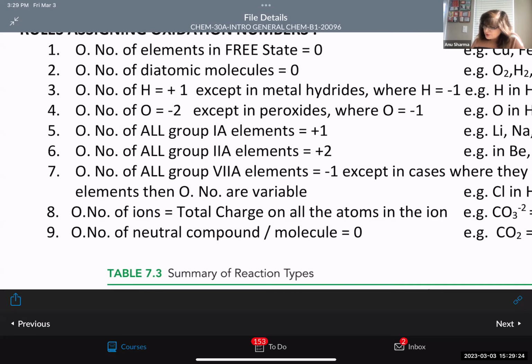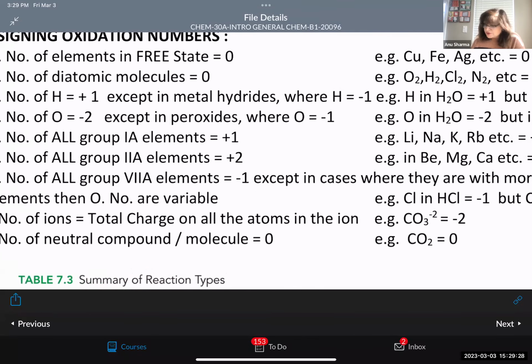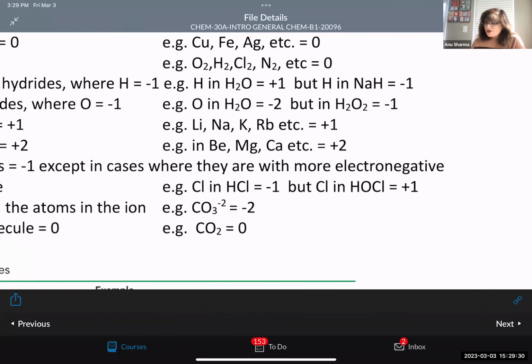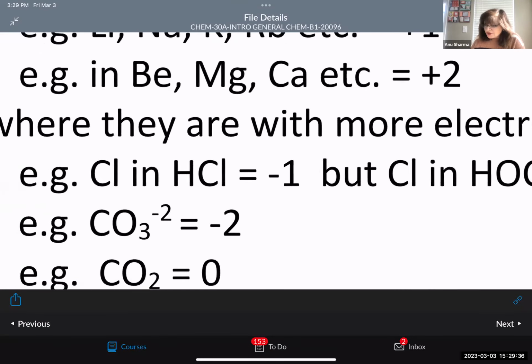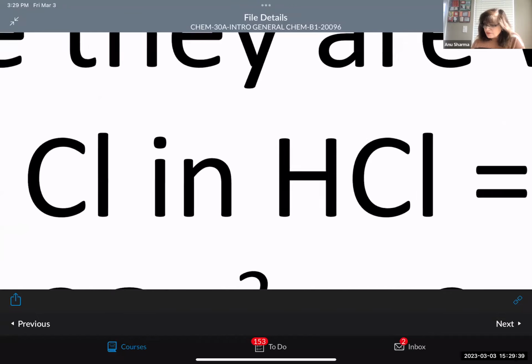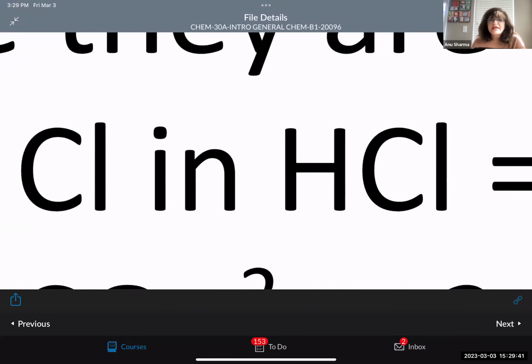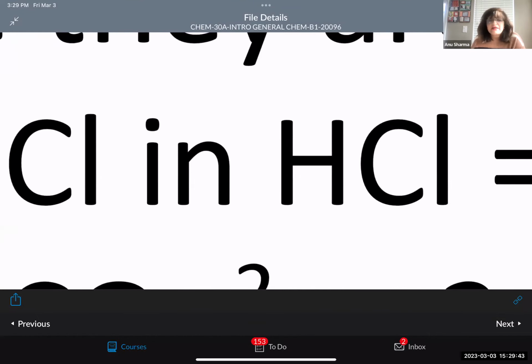Now look at the oxidation number of group 7A. It is always -1, except when they are connected to a more electronegative atom, such as oxygen. For example, chlorine in HCl will always have -1, because hydrogen is less electronegative than chlorine.